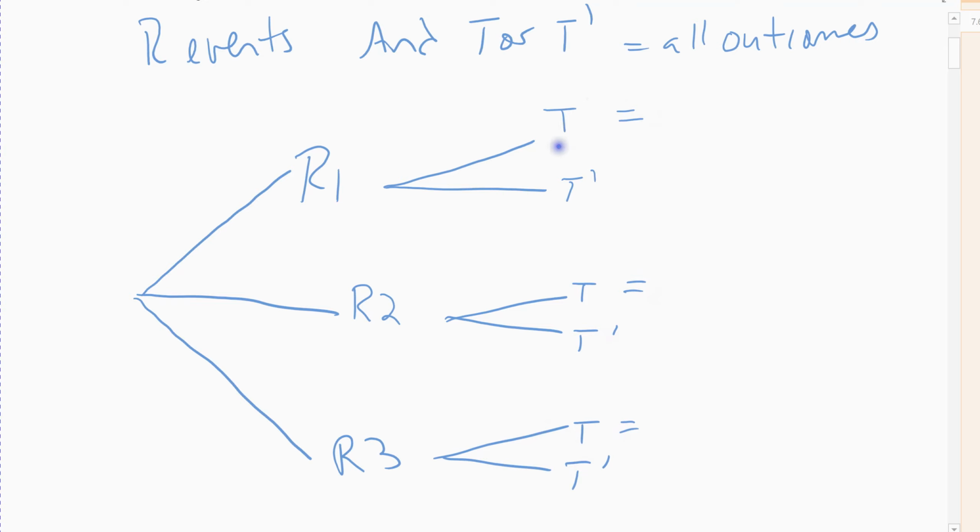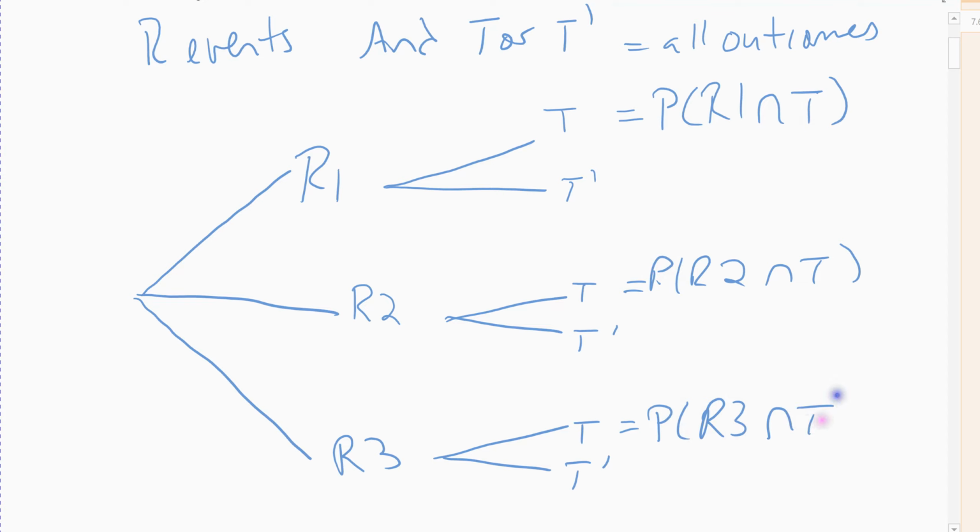I'm only going to list out the possibilities where T happens, because that's the one I'm interested in when I get to the next set of notes. So I'm only going to list out the probability of R1 and T, the probability of R2 and T, and the probability of R3 and T happening.